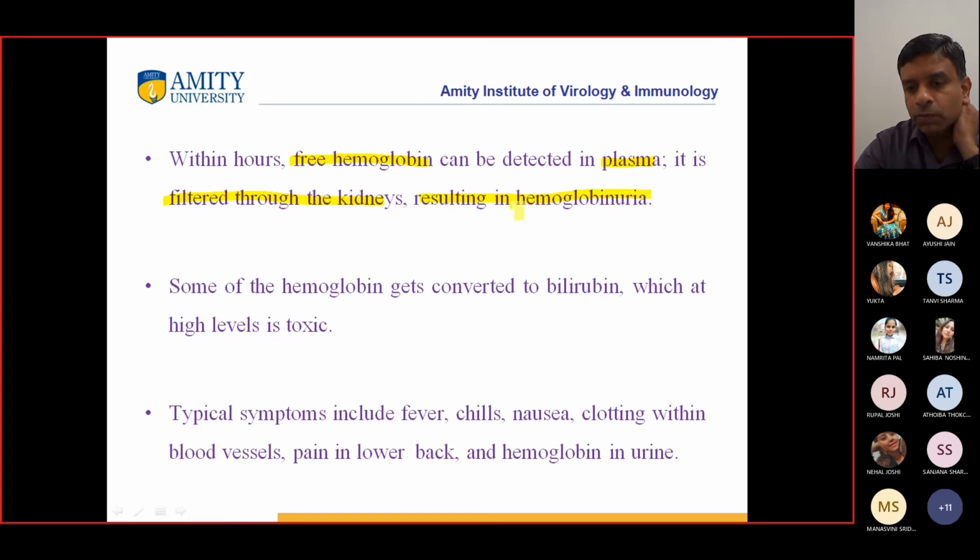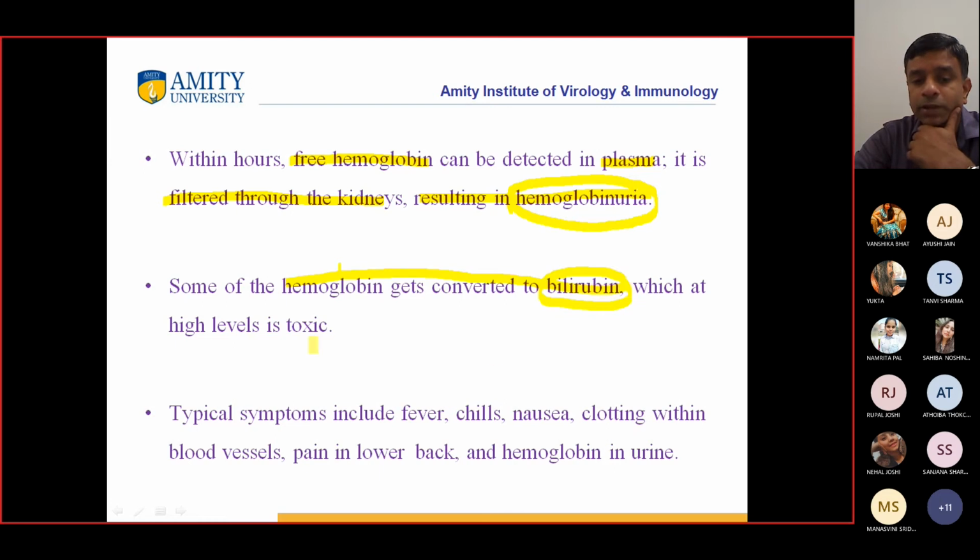Hemoglobinuria is the presence of hemoglobin in urine, and that is the reason why the urine becomes darker. Some of the hemoglobin gets converted to bilirubin, and this is again a problem, because bilirubin is toxic at high levels.